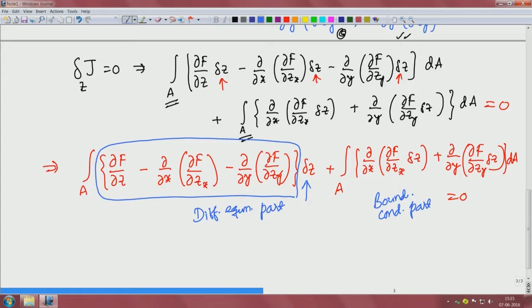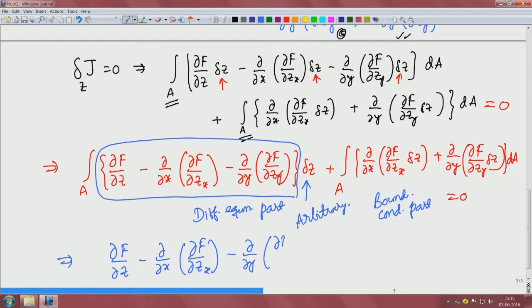When this is 0, since delta z is the variation and hence it is arbitrary, we get the differential equation, which is dou f by dou z minus dou by dou x of dou f by dou z x minus dou by dou y of dou f by dou z y, that is equal to 0.